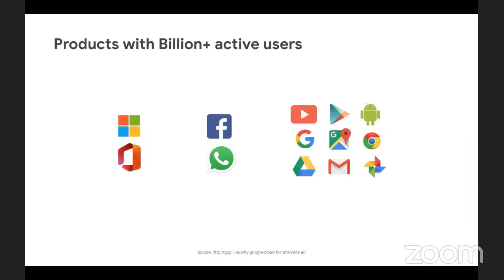And the reason I point that out is because for companies that were going through this transformation, some of these products have taken 20, 25 years to reach 1 billion users. Some have taken 4 years. Companies that were creating these products had to think about how to scale and deploy these solutions as they were seeing user growth.